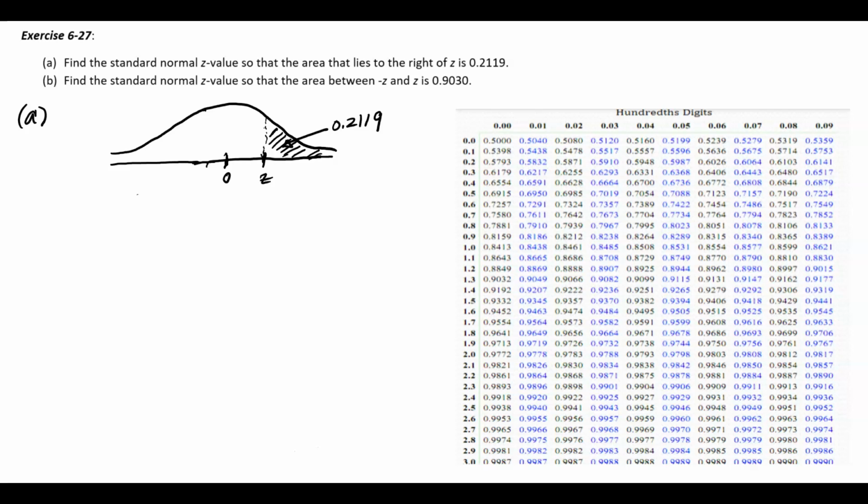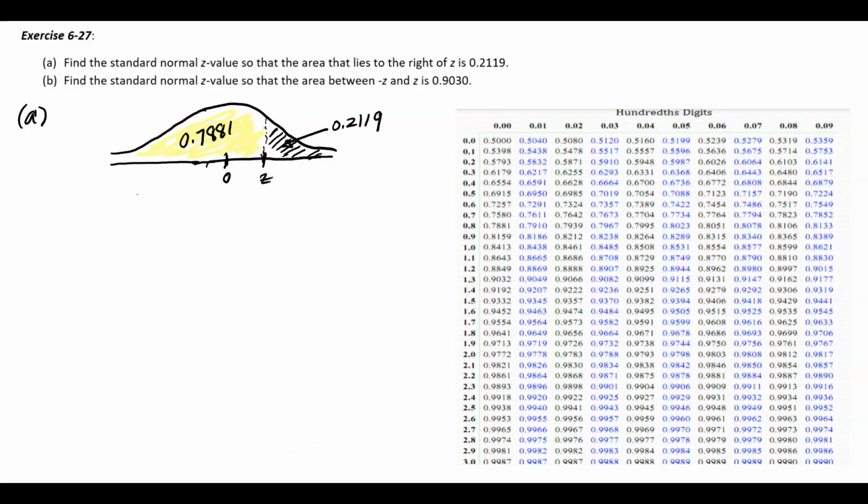Well, if we just do subtraction, 1 minus 0.2119, we're going to get 0.7881. And so this is going to be the value in the table that we're going to look for in order to figure out what that z value is.